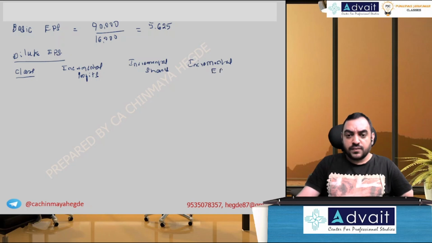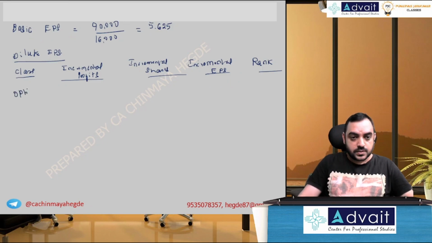Then we have to give a rank order, lowest to highest. We have options, convertible preference shares, CPS, and convertible debentures.